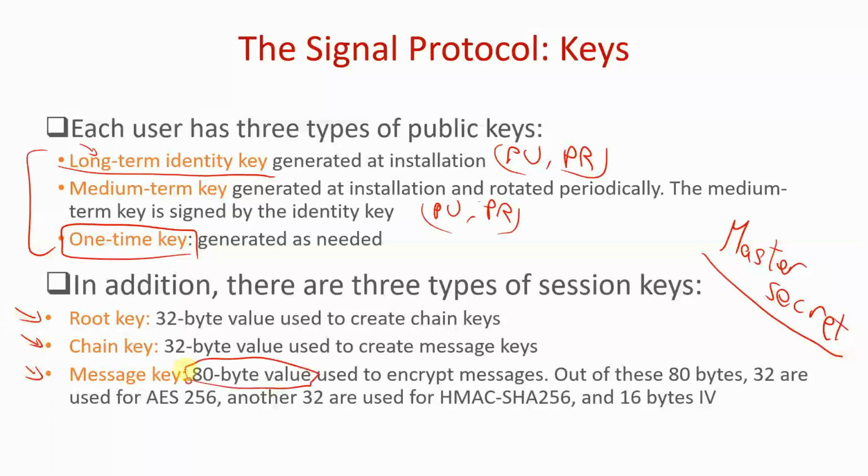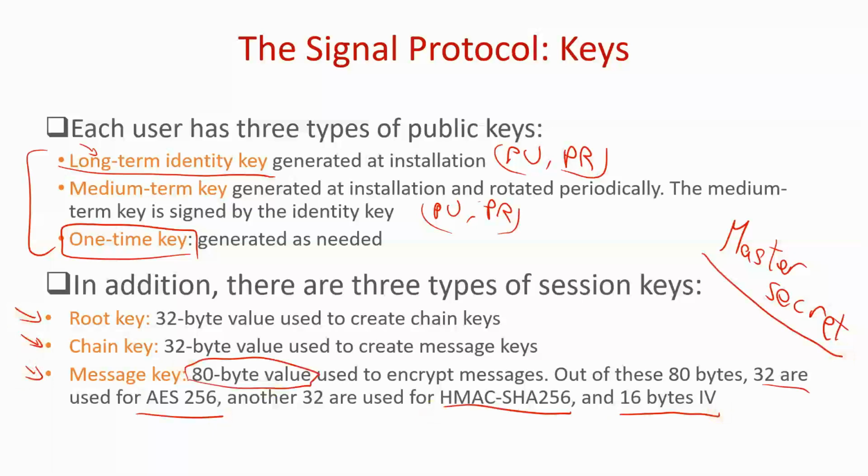The message key is 80 bytes. Out of those 80 bytes, 32 are used for confidentiality using AES-256, another 32 are used for HMAC using the SHA-256 algorithm, and the remaining 16 bytes are the initial value.